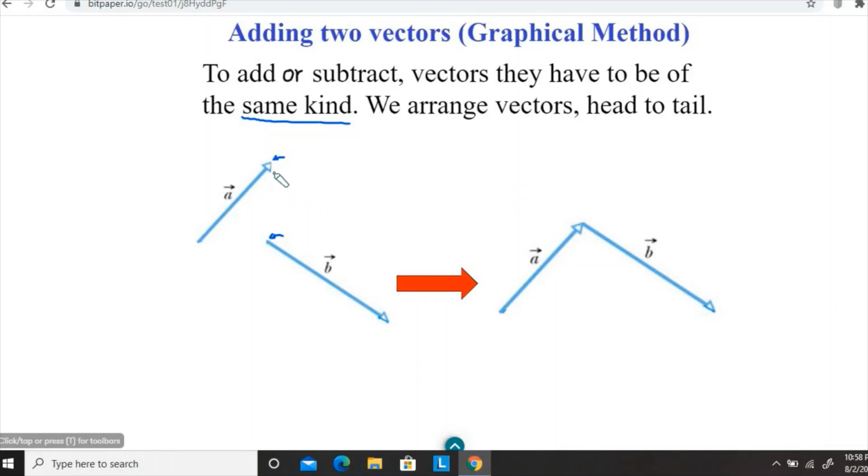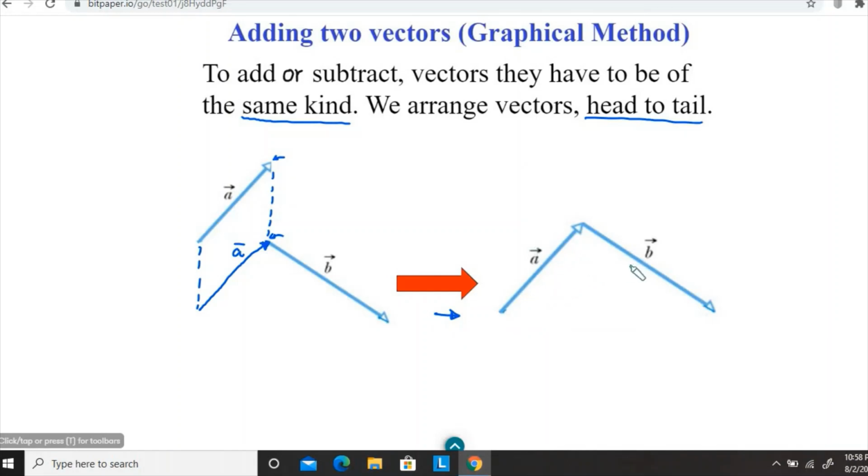So we have to slide vector A such that its head nicely fits the tail of vector B. Simply you slide vector A like that, and this process does not change vector A. That's how you do it. This arrangement is what we call the head-to-tail arrangement of vectors. So in a way, you are joining the two vectors, and then this is the result.